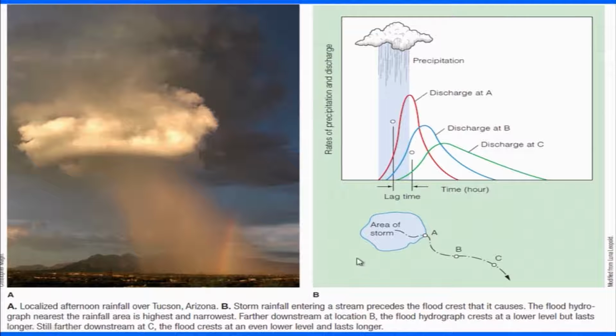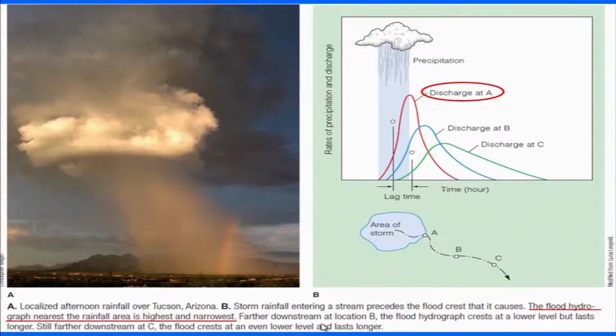This is what the flood hydrograph shows: the area nearest, that is area A, which is close to the heavy precipitation, has the highest and narrowest hydrograph. So the lag time is very small, and the area gets into the flooding state very fast.